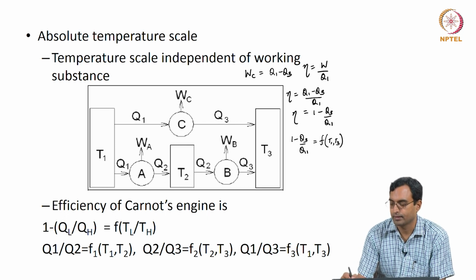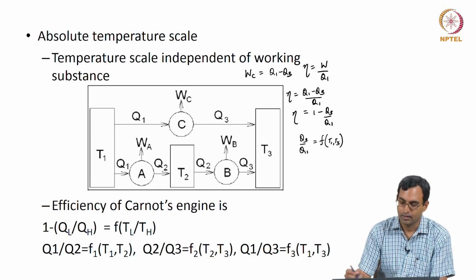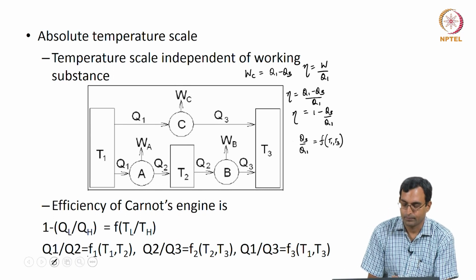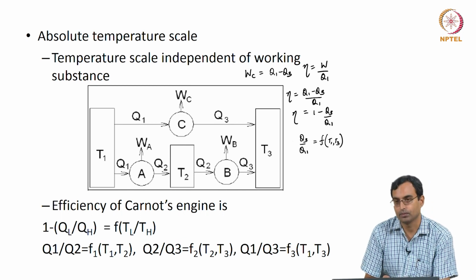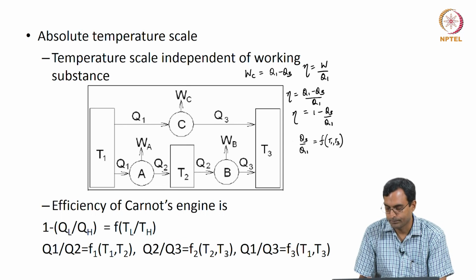So, if 1 minus this is a function of this, then Q3 by Q1 also should be a function of this. So, Q1 by Q2, which is related to the efficiency of this engine, is a function of T1 and T2. Q2 by Q3, which is a function of the efficiency of this engine, is a function of T2 and T3. Q1 by Q3 is a function of T1 and T3.